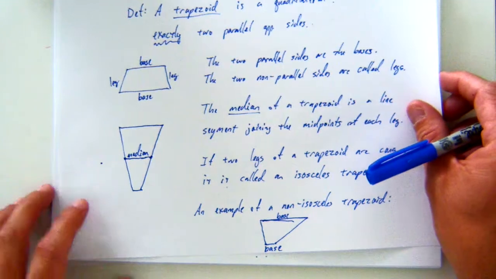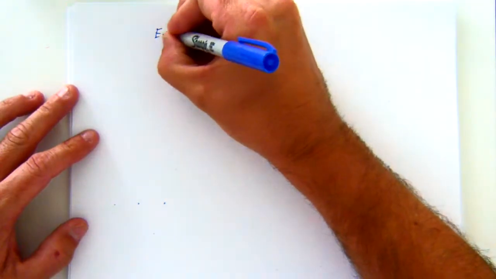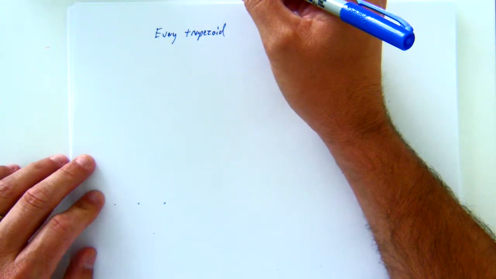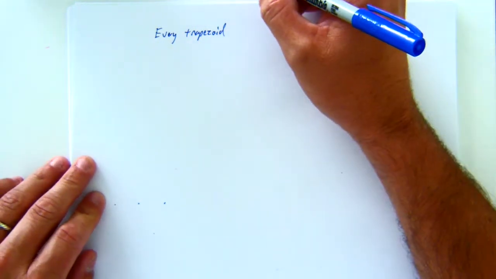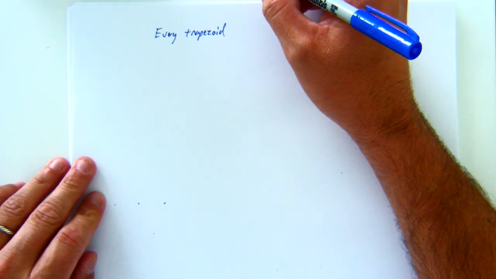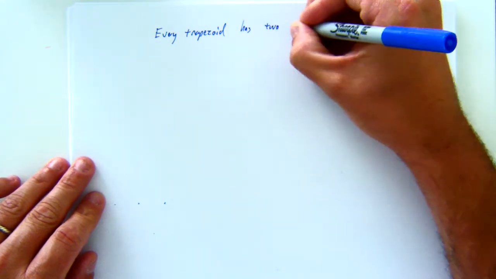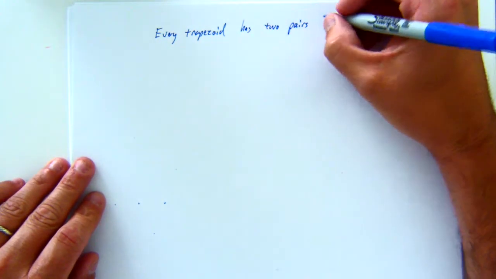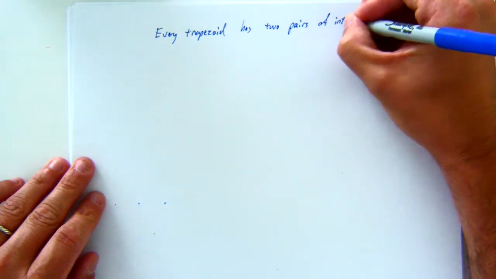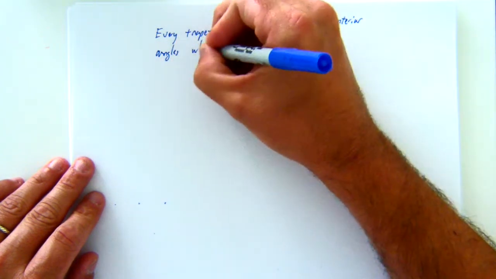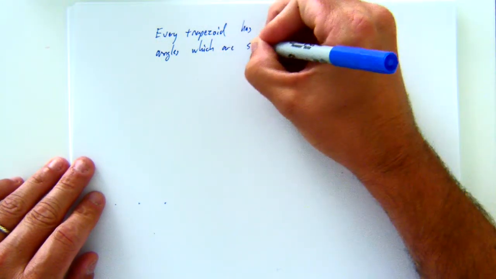A couple more facts and then some theorems about trapezoids. Every trapezoid has two pairs of interior angles which are supplementary.